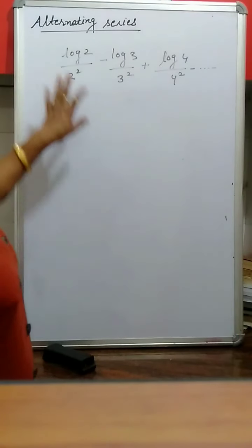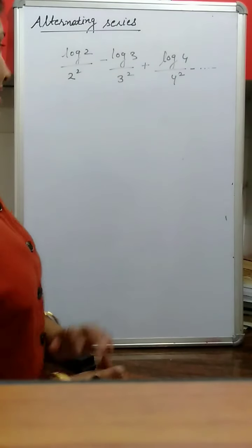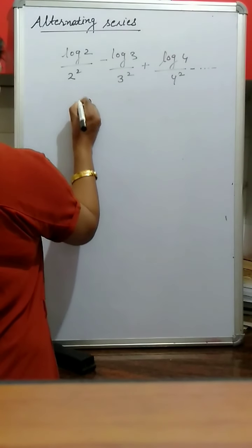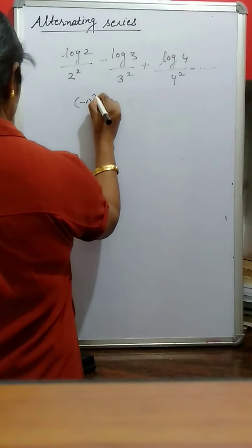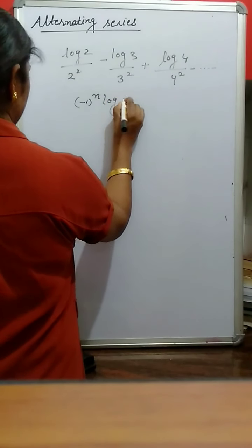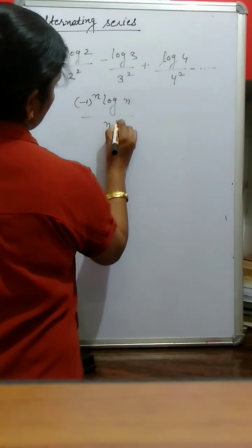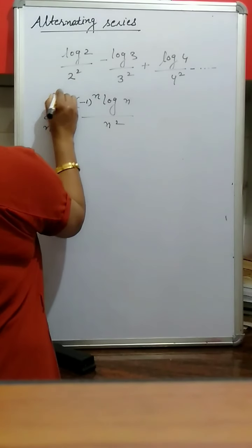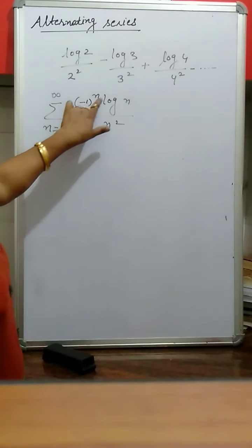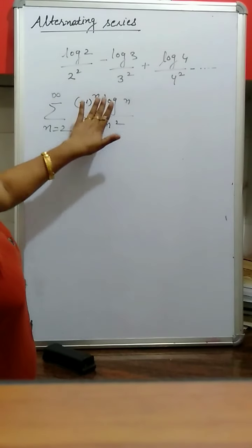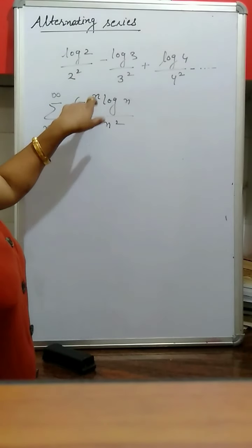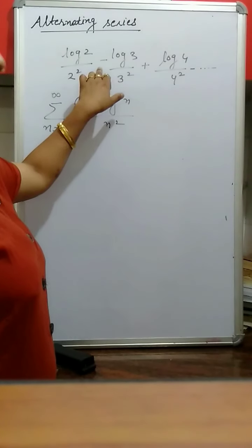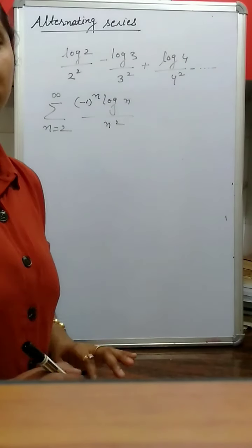Comparing this with an alternating sign series, it is (-1)^n log n by n square, if we take the summation n varies from 2 to infinity. Check it. (-1) square is positive, log 2 by 2 square. Then (-1) cube is negative, log 3 by 3 square and so on.